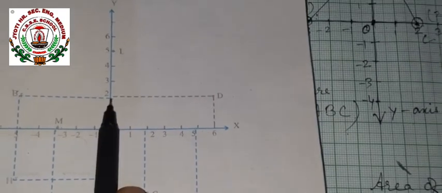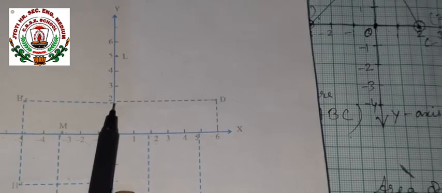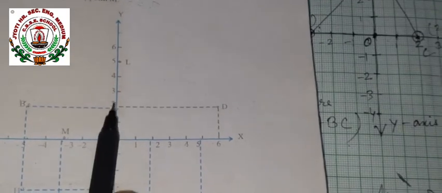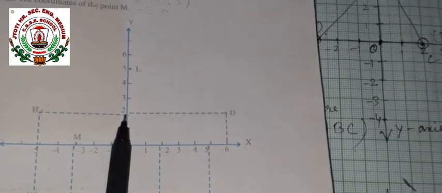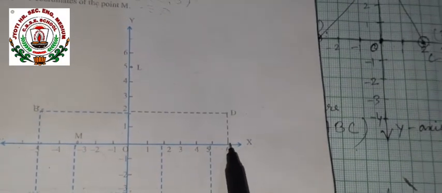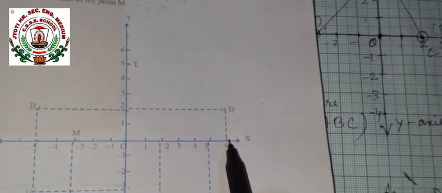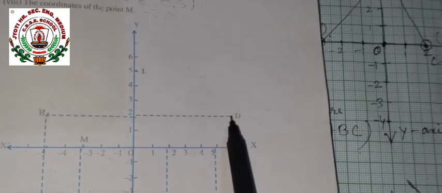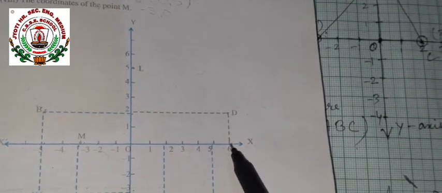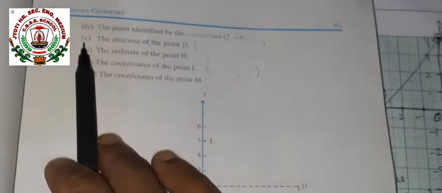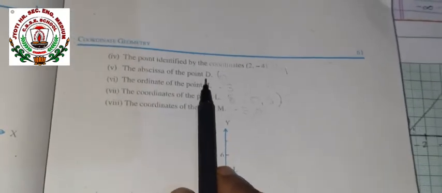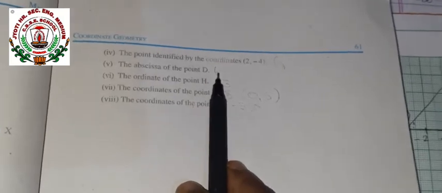We will not write for 2, because we are not interested in y-axis. Because abscissa is asked. Abscissa means it is x-axis only. So x-axis where it is touching D point, that is 6. So 6 will be the answer. Okay. The abscissa of point D will be 6.